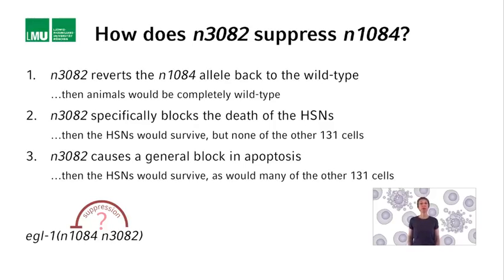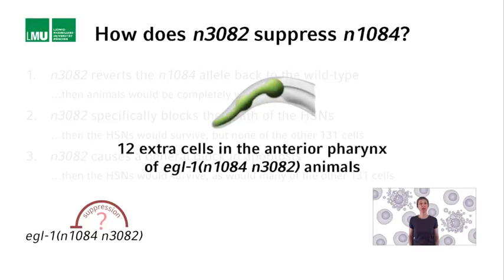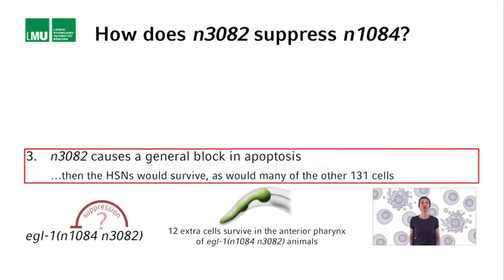To find out, I analyzed the pharynx of N1084 and N3082 animals using DIC microscopy. And what I found was that there were on average 12 extra cells in the anterior pharynx. N3082 therefore causes a general block in apoptosis.